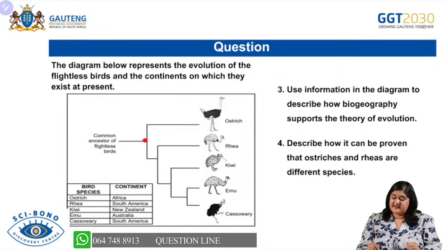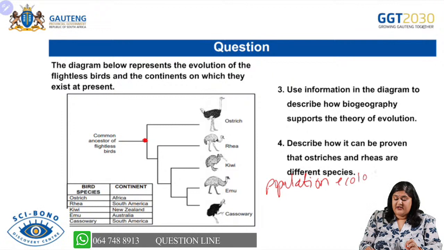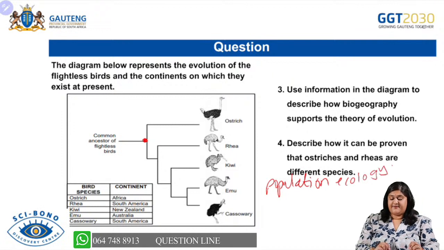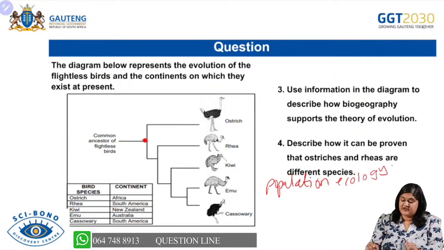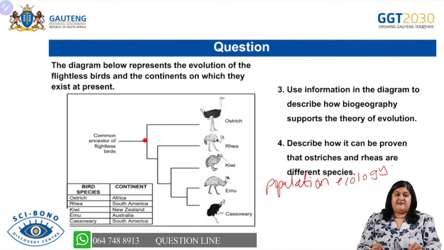Number 4, describe how it can be proven that ostriches and rheas are different species. Now, for this one, I want to remind you about population ecology, which you did in grade 11. In population ecology, you define the terms species and population.